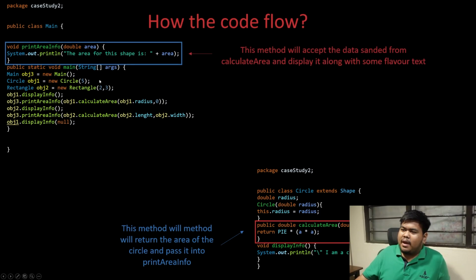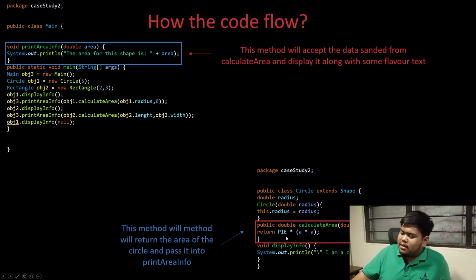Then we will go back to the main class. So this is the method that I have told you about, which is printAreaInfo, and it will accept a double area. This method will accept data sent from calculateArea and display it along with some flavor text.